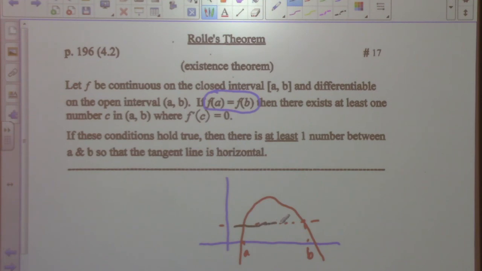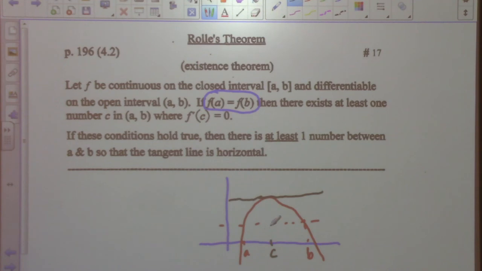And if we have a horizontal secant line, what does that mean? It means we're going to have a value C right here whose slope is 0.